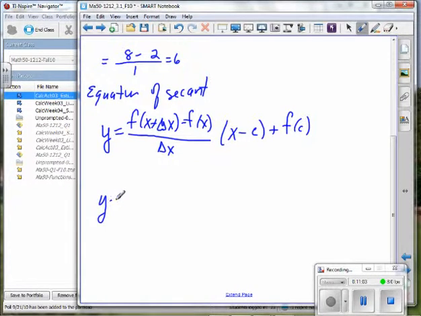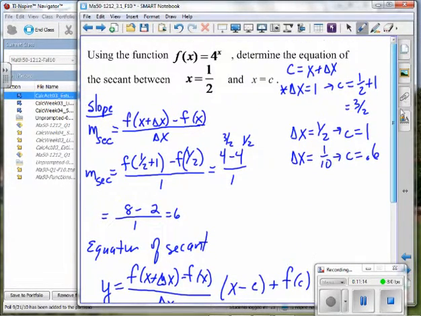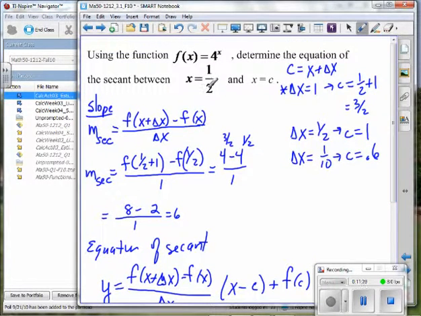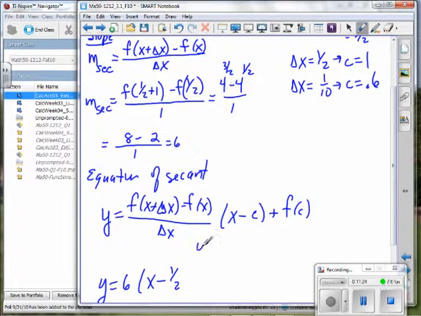Okay, so we've got y equals 6 times the quantity x minus 1/2. Well, is that true? Well, I'm looking at the point. What point am I going to use? Let's say this right up front. We're going to use the point 1/2 and what?